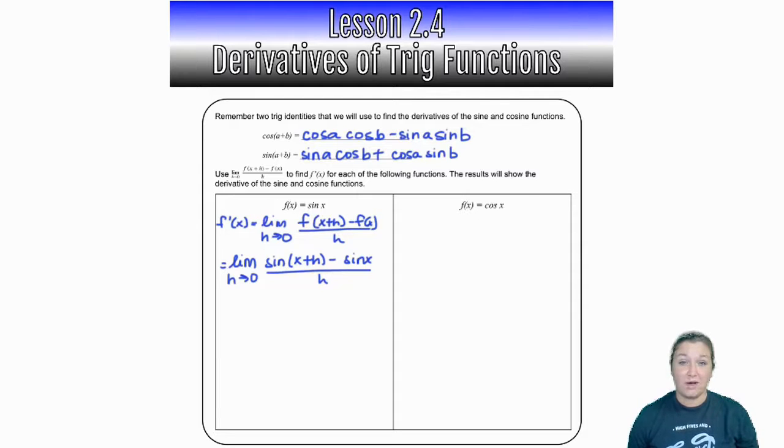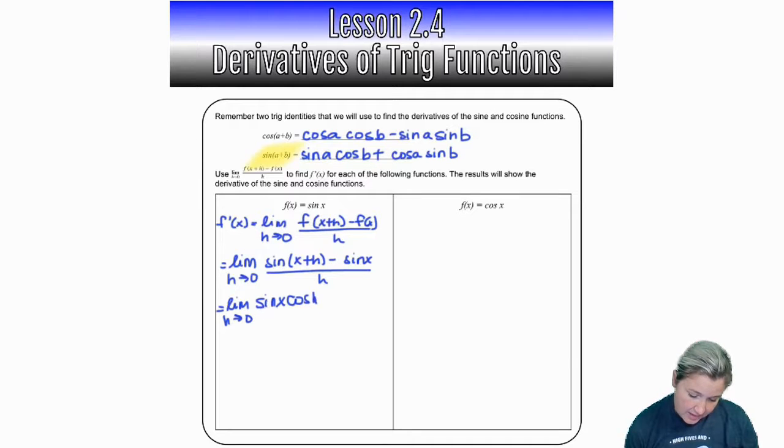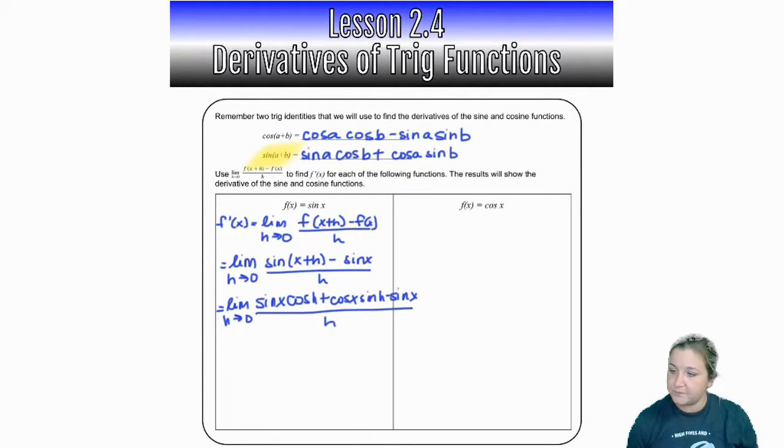So now you can probably tell why we need to know that trig identity. So this is going to be the limit as h approaches 0. I'm going to use this trig identity now. So this is going to be sine x cosine h plus cosine x sine h, and then minus sine x, and then all divided by h here.